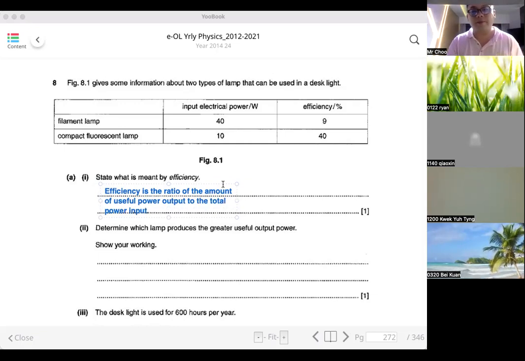So for example, this efficiency is useful to determine whether your machine is working efficiently. If this efficiency is very low, maybe 10%, what it means is that you are actually wasting 90% of the power or energy. Is that clear? Okay, so everybody give me your answer for part 1, then do questions 2 and 3 for me.